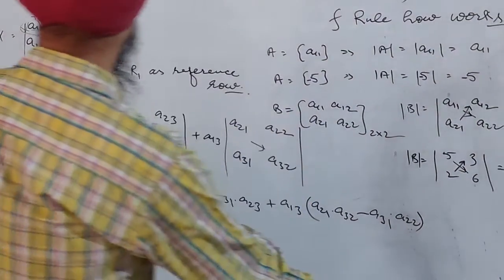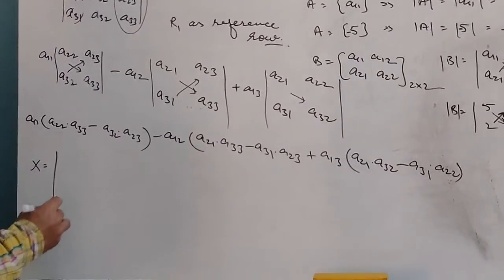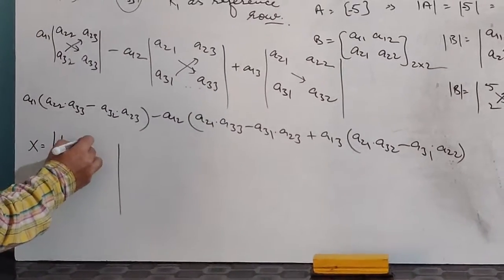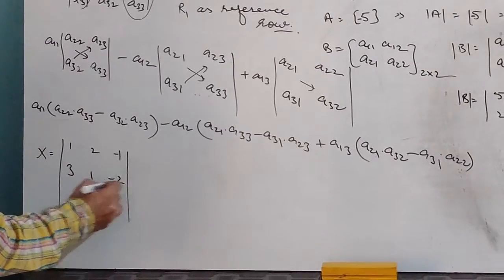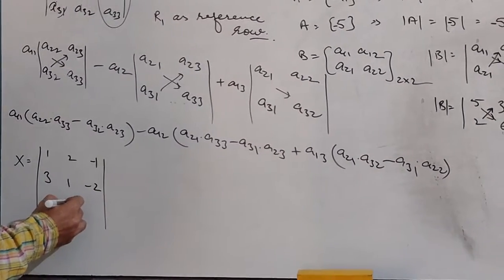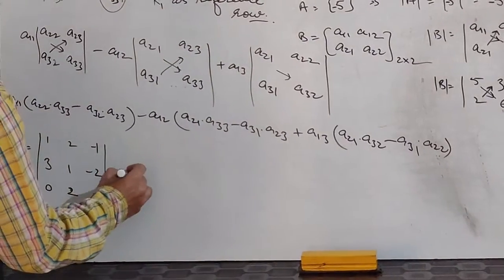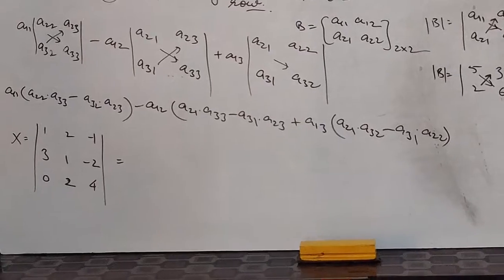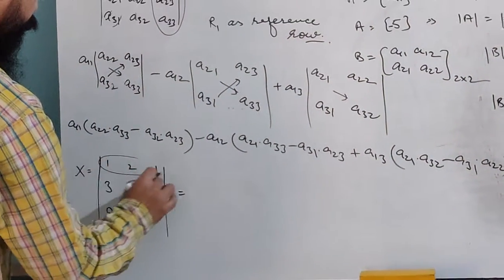Now let us take another example: 1, 2, minus 1, 3, 1, minus 2, 0, 2 and 4. Now I take R1 as the reference row. This is the reference row.